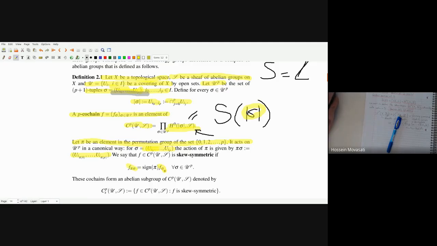They are defined over the same open set, and the idea is that they must differ just by the sign of the permutation.